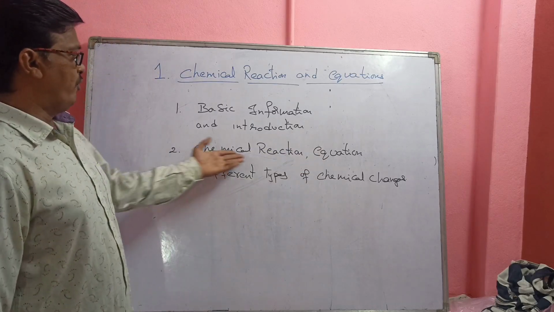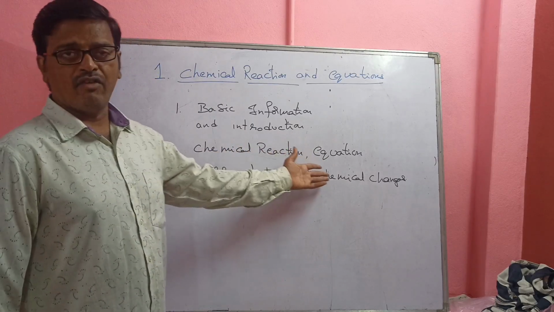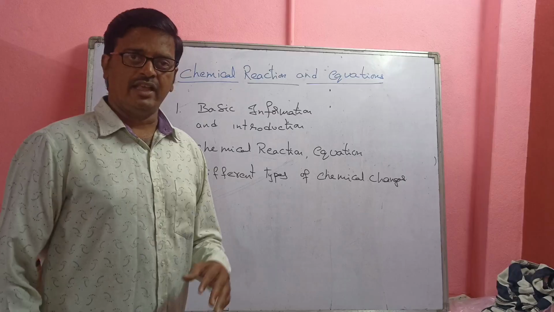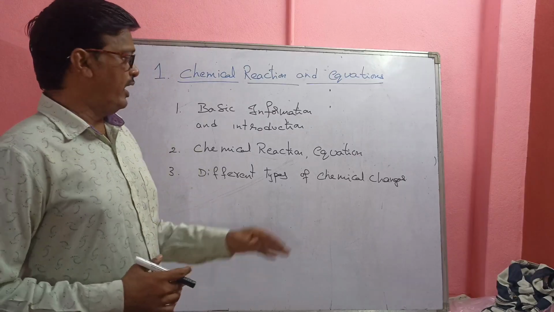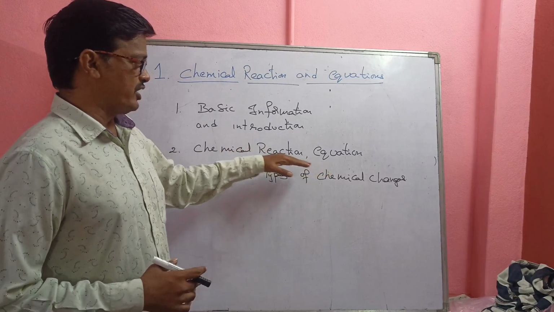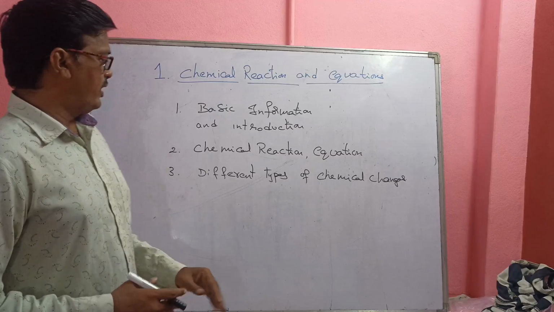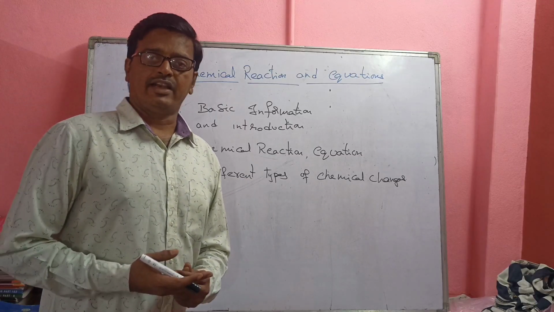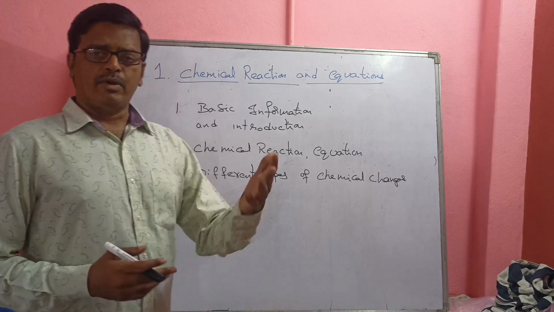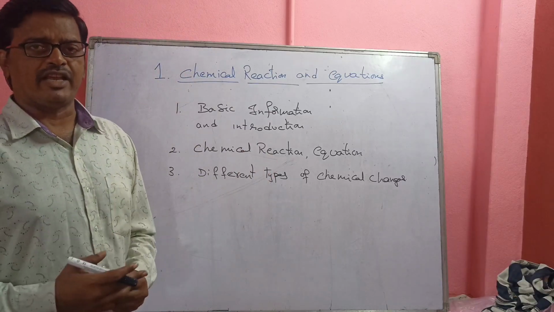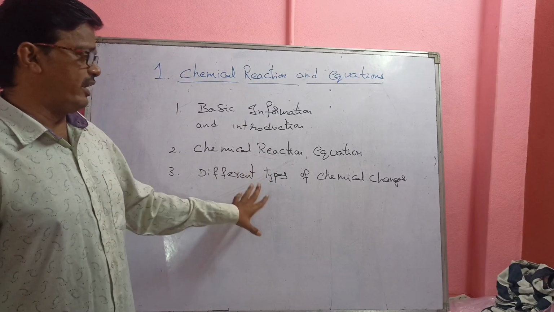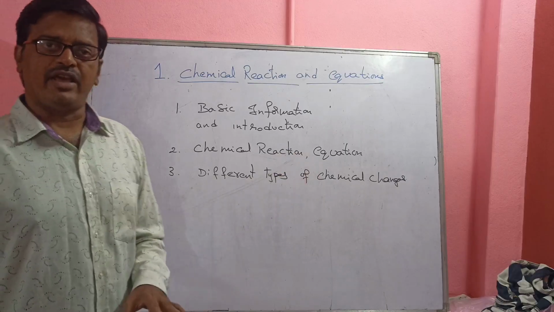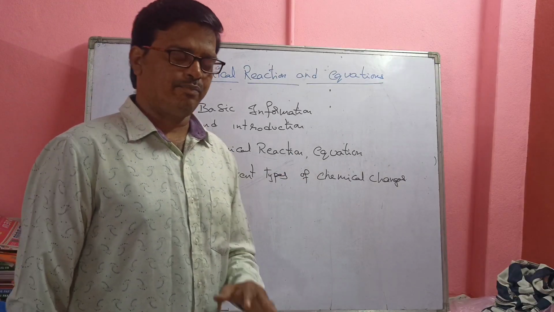And then what is a chemical reaction and what is a chemical equation? That difference also we will learn, and how to balance chemical reactions. Then the different types of chemical reactions. There are more than 5-6 types of chemical reactions. We will explain in detail with the help of activities. Everyone understand?